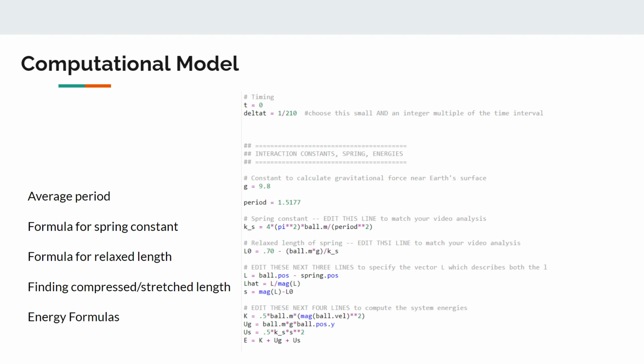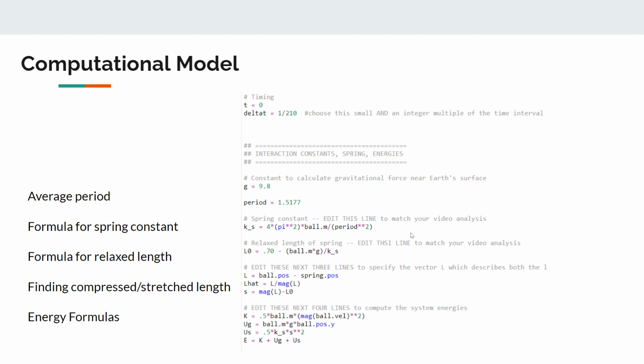So now let's make this computational model. First we establish the period by looking at the difference between the period times, the amplitude times, and then averaging them out. I took 3 periods and then took the total time and divided it by 3 to find the period of 1.5177 seconds.